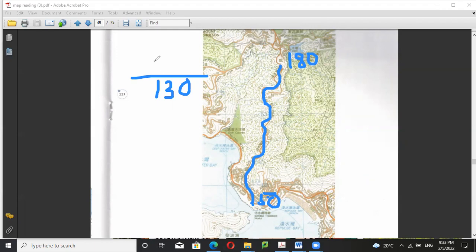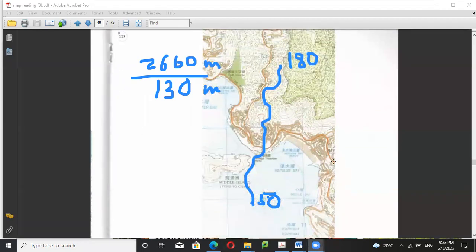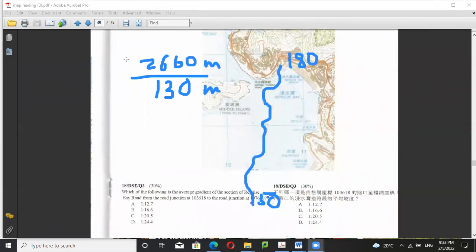When it is multiplied by 200 meters, it should be 2660. Then if we divide, it should be 20 something. It's a hard one for real. So the answer should be C.